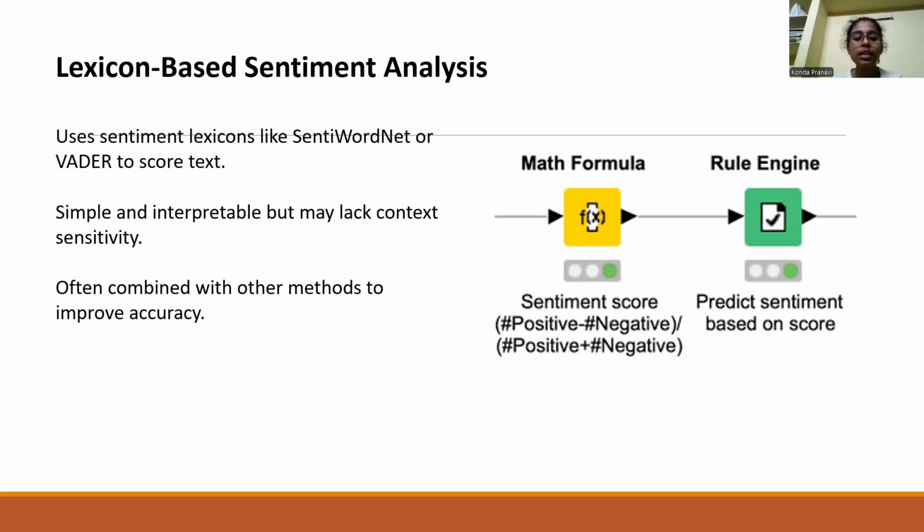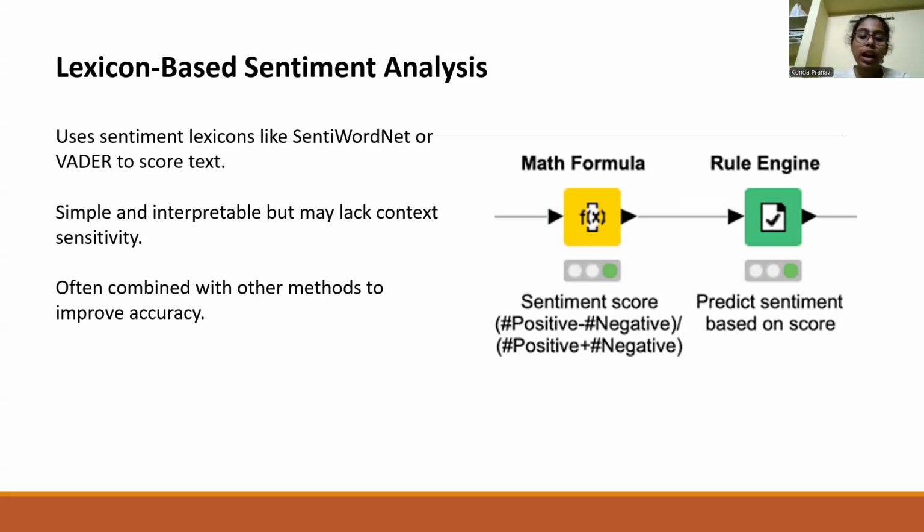For example, the sentence "this phone is sick" may be wrongly classified as negative, even though it means positive in informal language. So the lexicon can vary, and lexicon-based sentiment analysis can be done with a math formula or a rule engine.